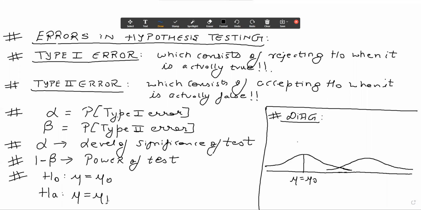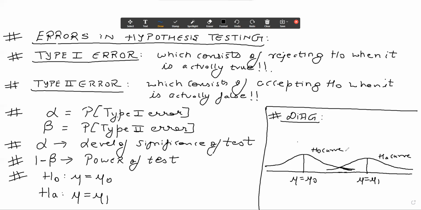Mu denotes the population mean. Mu0 and mu1 are constants, they are particular values. Okay, so this is my H0 curve and this is my HA curve, the alternate hypothesis curve, which is centered at mu equal to mu1. So far it's clear to all the students.